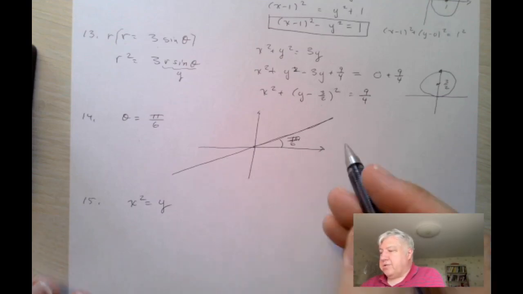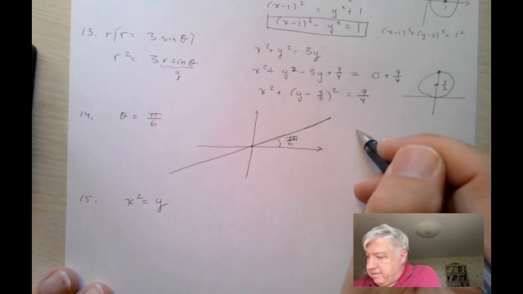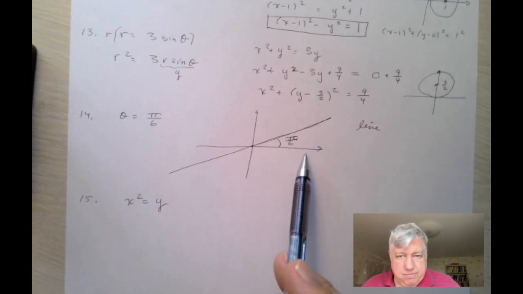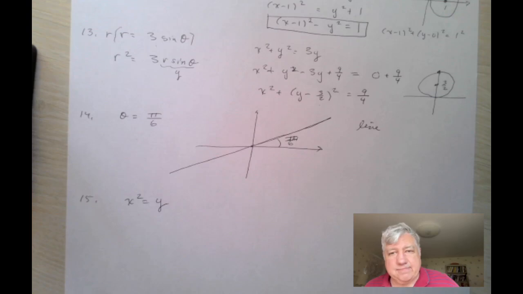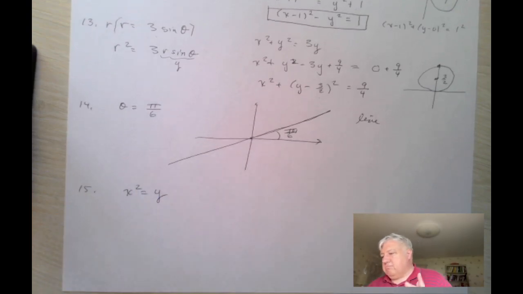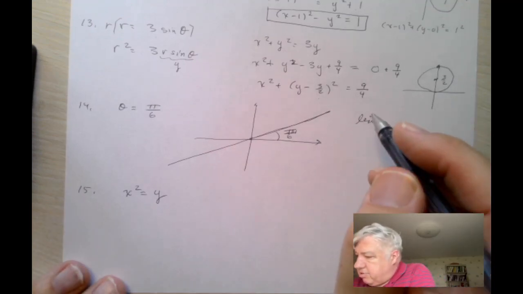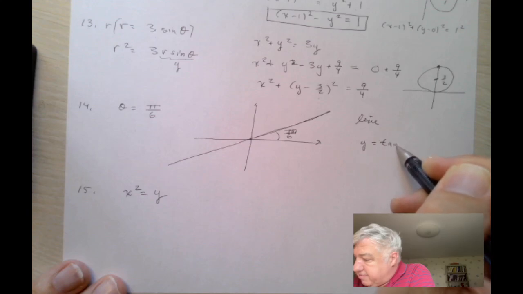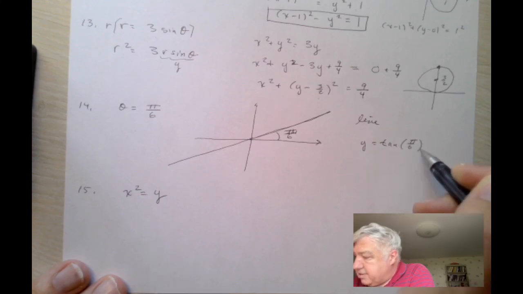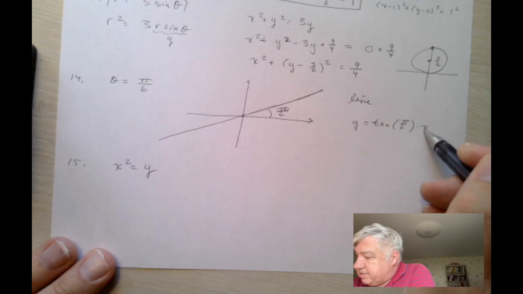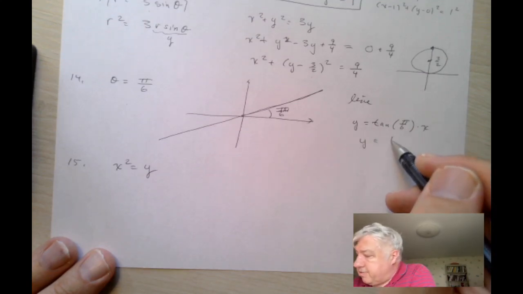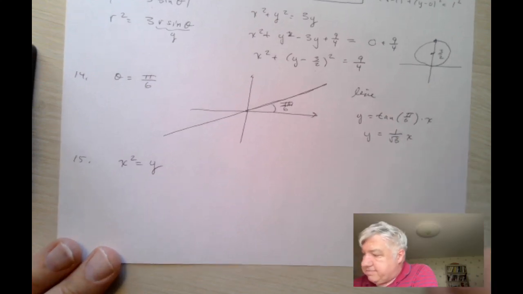So this is just going to be a line through the origin, and the slope will be the tangent of pi over 6. The actual equation would be y equals tangent of pi over 6 times x, so y equals 1 over square root 3 times x.